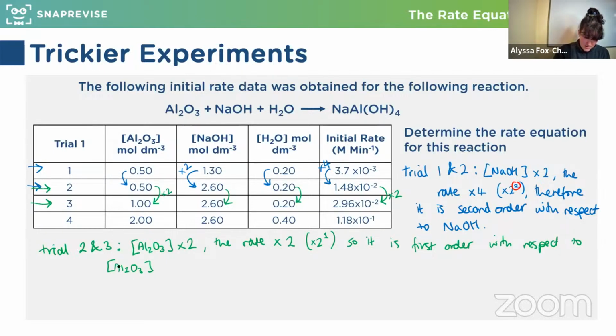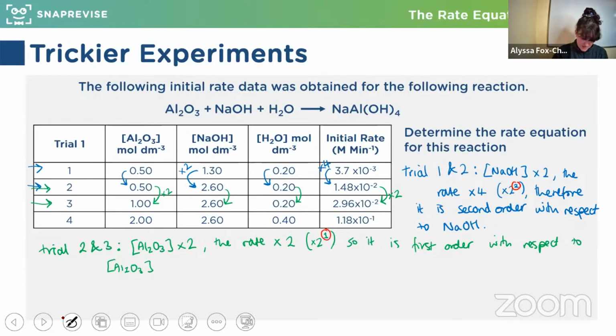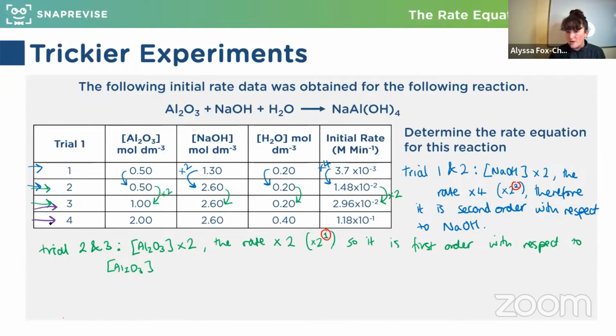Okay, this, I happen to know, is where it's going to get a little bit tricky. Let me just highlight that little 1 for a second. I'm going to write in purple. Now I'm going to compare trial 3 and trial 4. Well done, Denny.